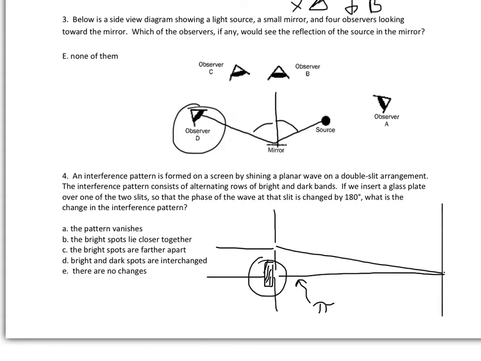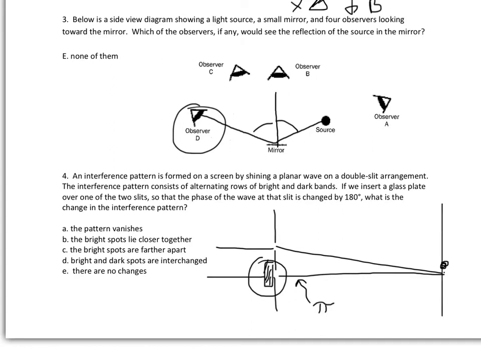That, for example, means that in the forward direction, directly across where they normally would be in phase, now the ray from the bottom slit will be 180 degrees out of phase, and you will get destructive interference in the forward direction, where normally you would get constructive interference.